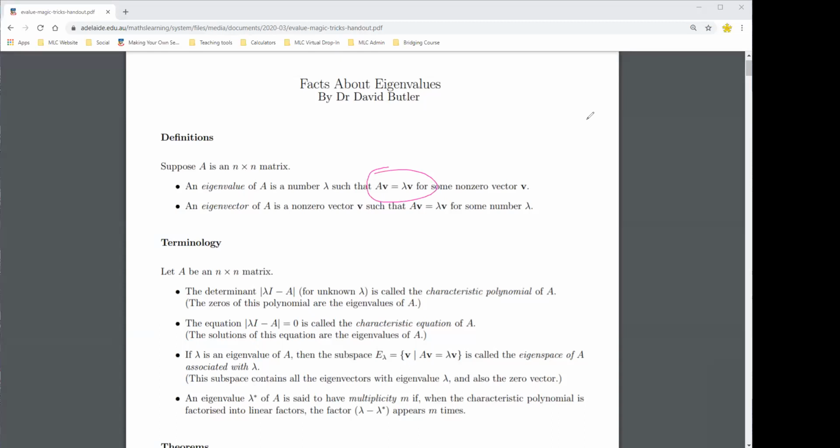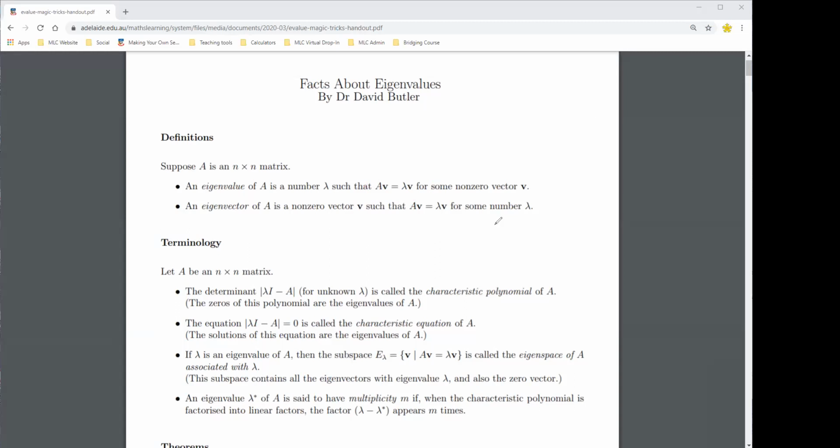So if someone asks you to check if something's an eigenvector, multiply it by the matrix and see if it's the same as some number times the vector. If you happen to multiply a matrix by a vector and what you get is a multiple of what you put in, then that multiple is an eigenvalue. You don't have to go through the whole process of finding eigenvalues by determinants if you just happen to think of one.